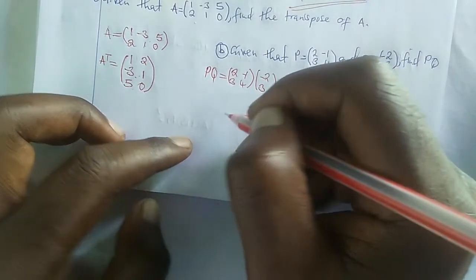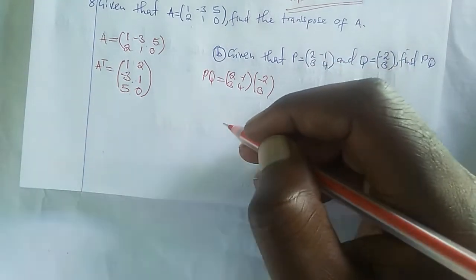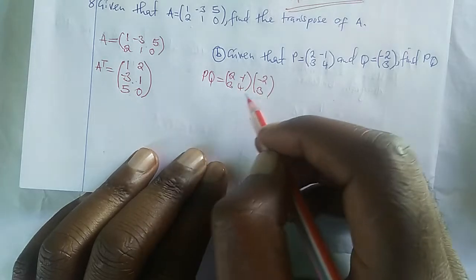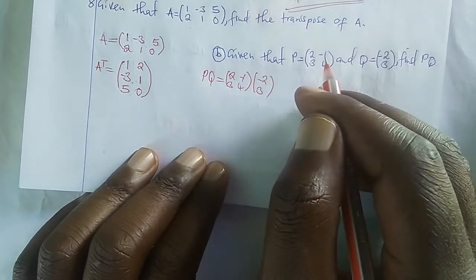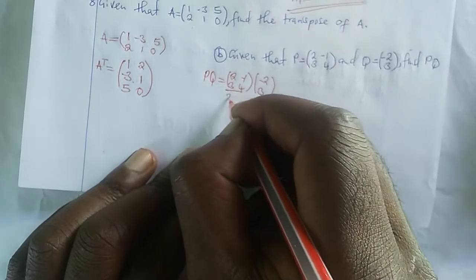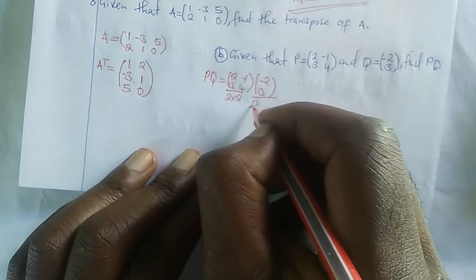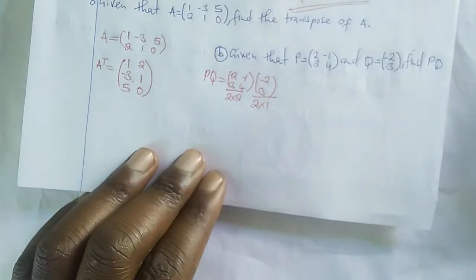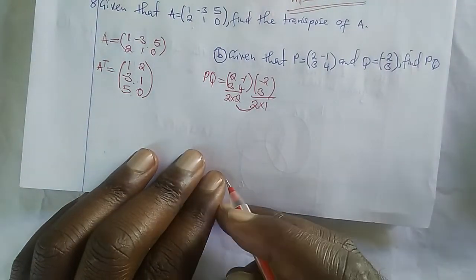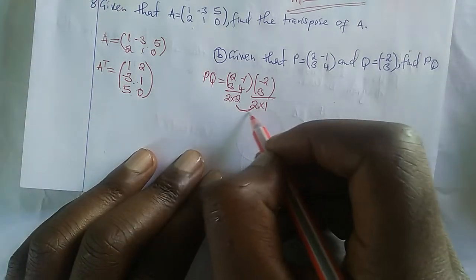Now here what you need to understand is, you need to check whether these two matrices are multiplicable, if you can multiply them. This matrix has the order of 2 by 2, and this matrix has the order of 2 by 1. If these two numbers are equal, that means the two matrices can be multiplied. So 2 and 2 are equal.